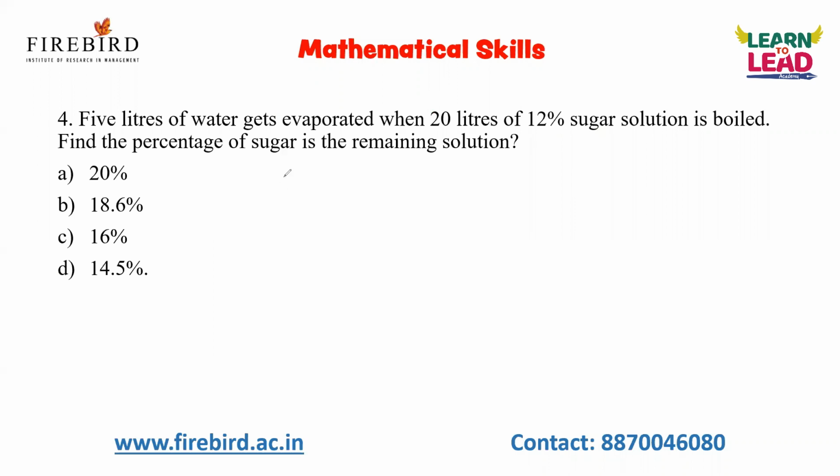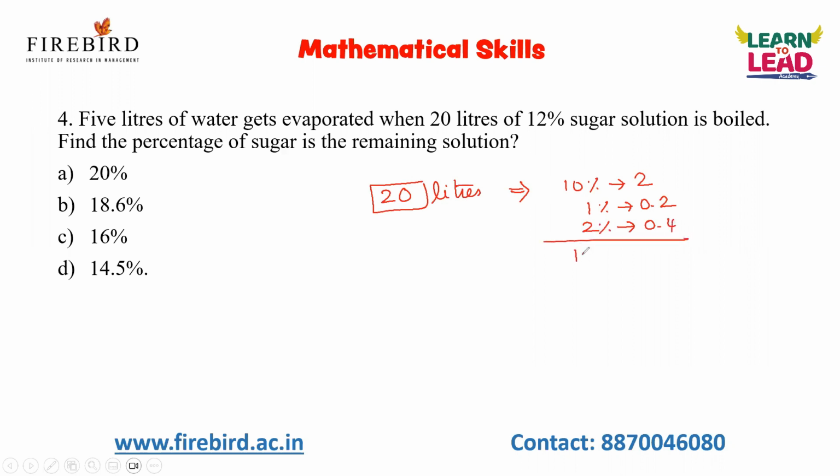And now, 5 liters of water gets evaporated when 20 liters of 12% sugar solution is boiled. So initially there are 20 liters. In that, 12% is sugar. So what is 12% of 20? 10% is 2, 1% is 0.2 and 2% is nothing but 0.4.